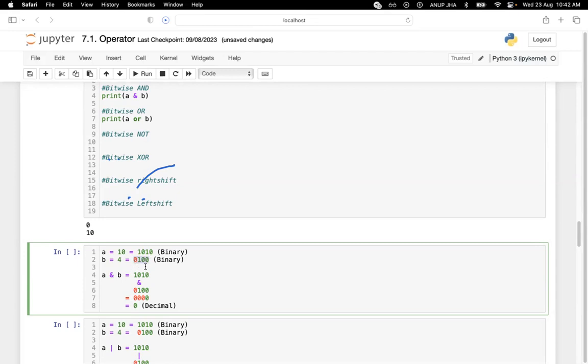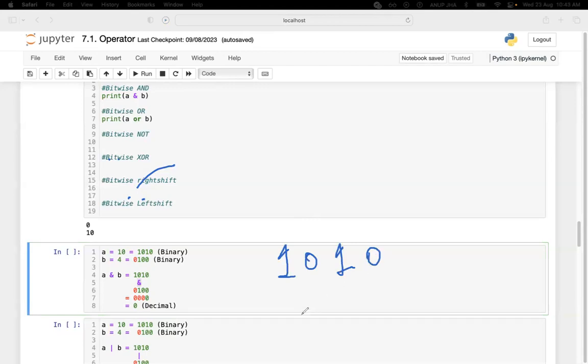When it is in this form, it gets processed and then returns the result. Let's say this is 1010 and this is 0100. Let me explain this. Hope you are getting this.